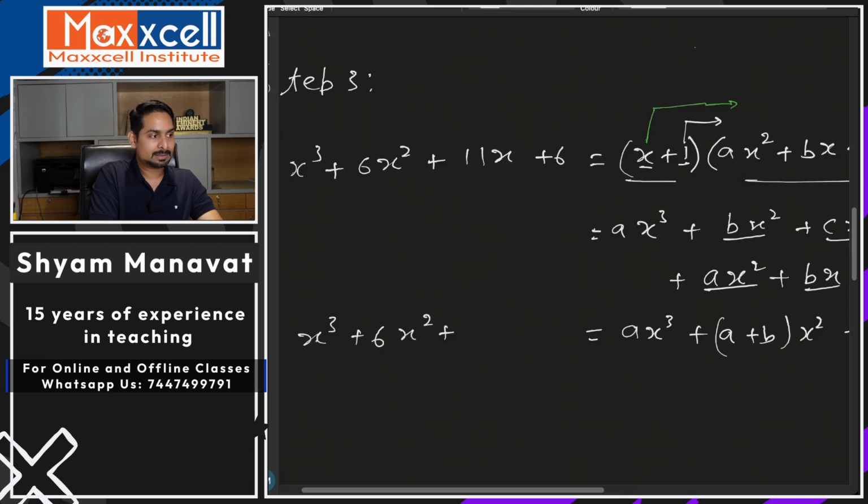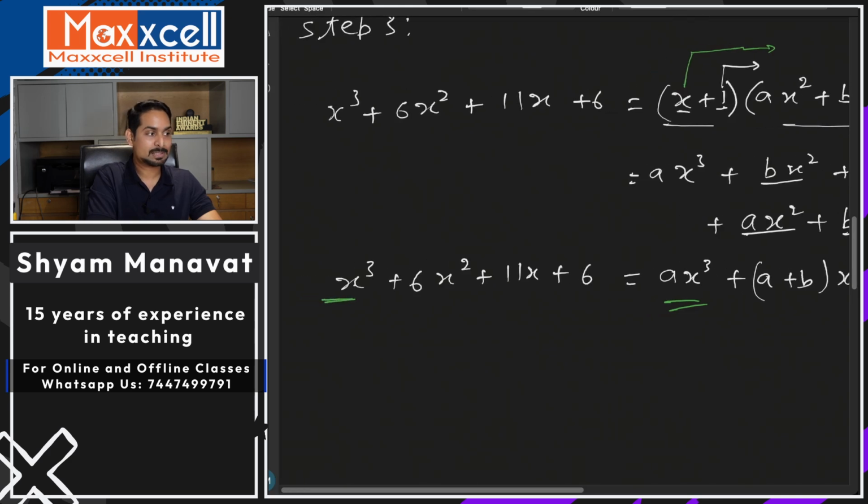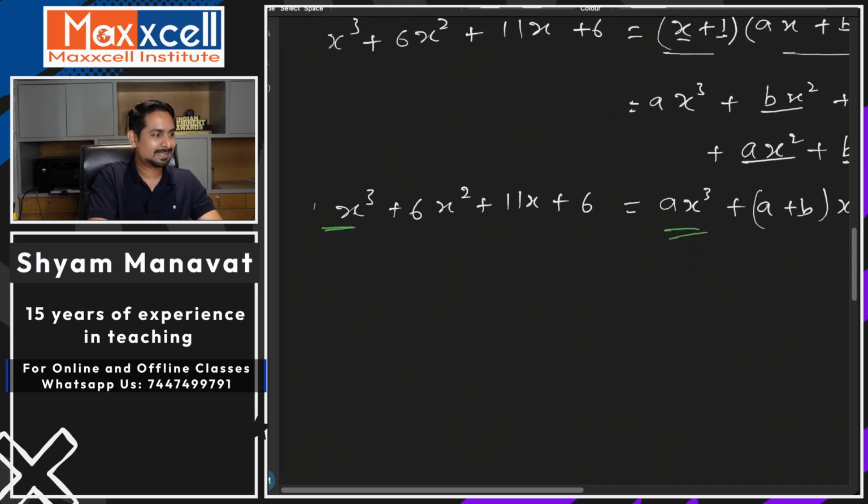Now you equate with the left hand side. After equating, you will understand the coefficients of similar powers should be the same. If x cube has coefficient a on the right hand side, what is the coefficient of x cube on the left? That's 1. That means a equals 1.